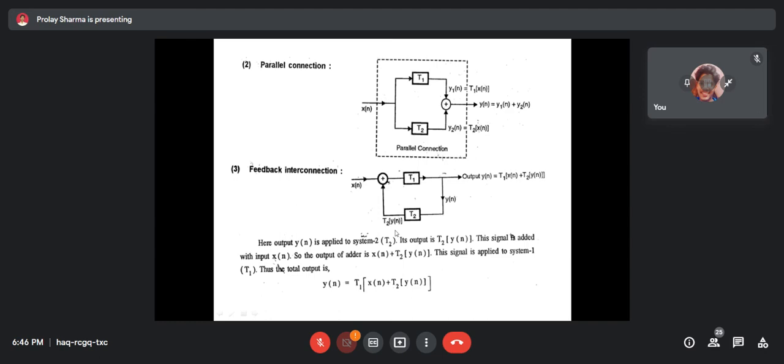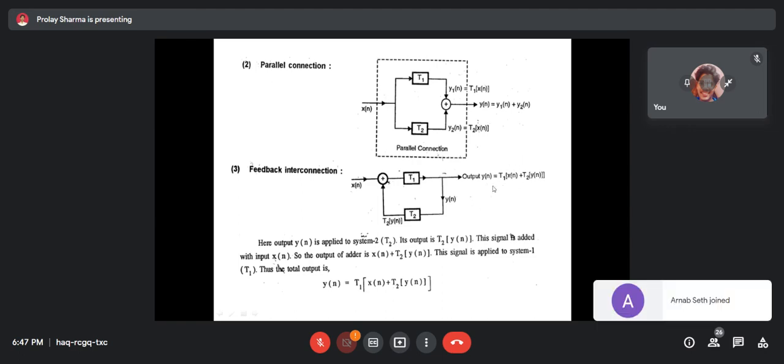So it will be like x(n) plus the transformation of y(n). So this is x(n) according to the equation. y(n) will be x(n) plus the transformation of y(n). The y(n) signal is coming as feedback, and it is transformed by T2.